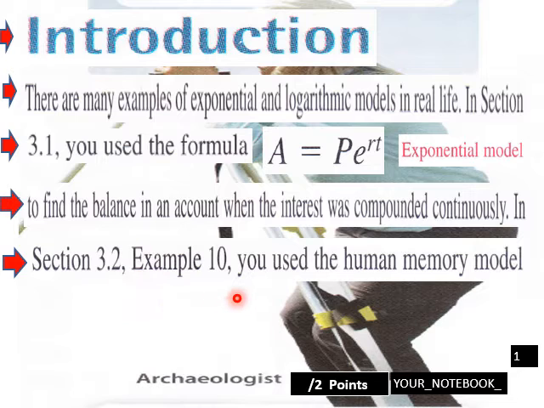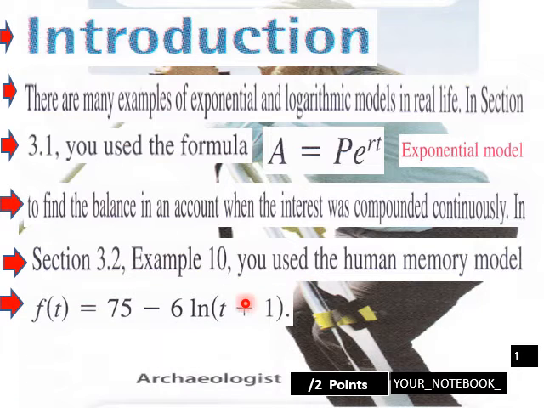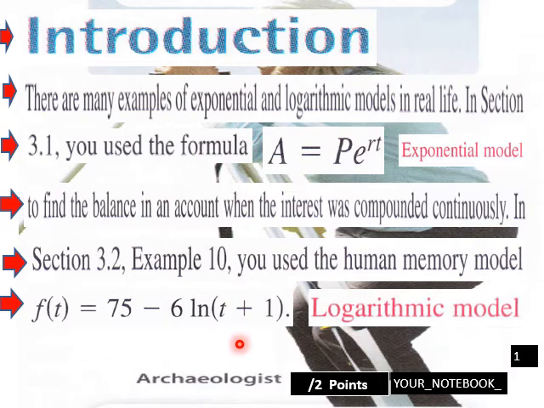In 3.2 example 10, you used a human memory model. This is the logarithmic function that was used to determine human memory with respect to time. So write this down, students. There's a good reference here for you to remember this, and to remember this logarithmic model here.